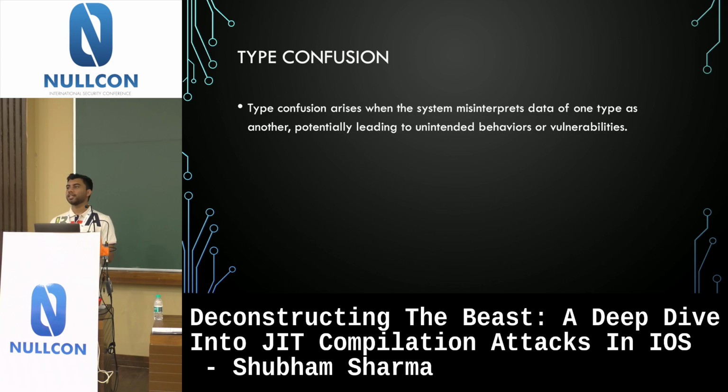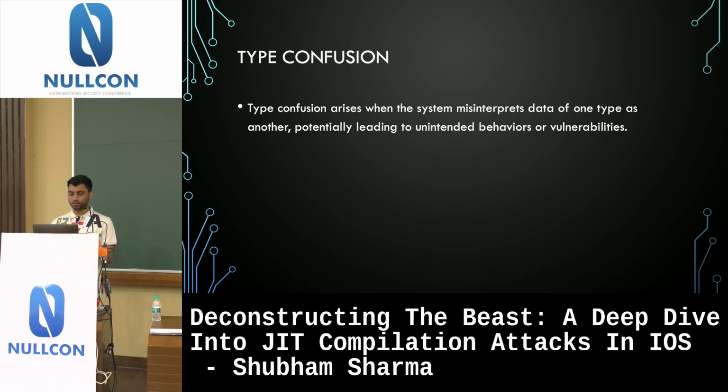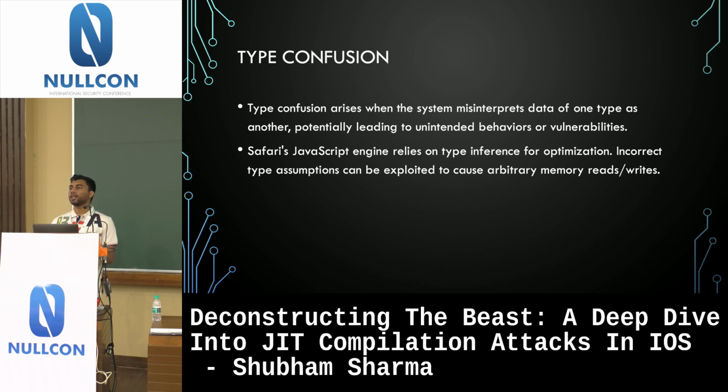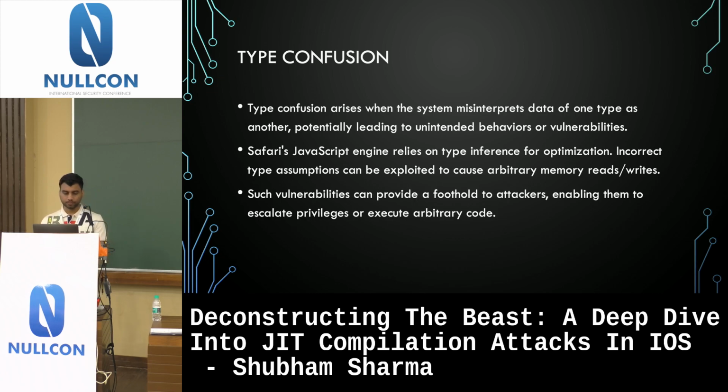Suppose the integer takes 2 bits of memory and the character takes 1 bit of memory. This can lead to confusion in the data type. Suppose there is memory space allocated for a character, but somehow the attacker is able to inject code in such a way that much more memory is consumed than the designated space. This can lead to vulnerabilities like privilege escalation or buffer overflow.